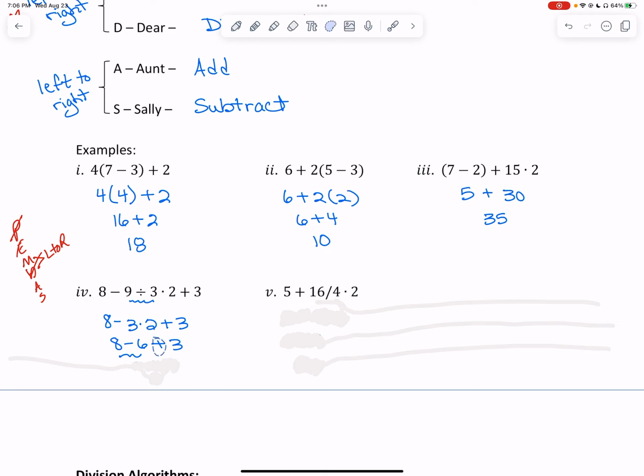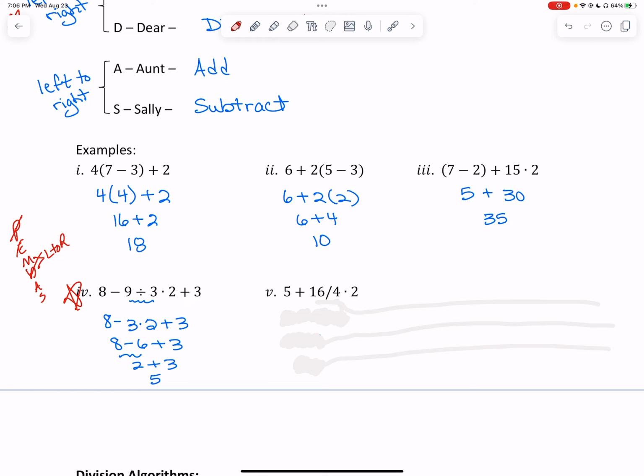And it says left to right. So left would give me a 2. 8 minus 6 is 2. And then I add my 3 to get 5. So that one, go ahead and star it because that one is missed a whole lot on tests, or one similar to that. I don't give you exactly the same thing, but anyway.